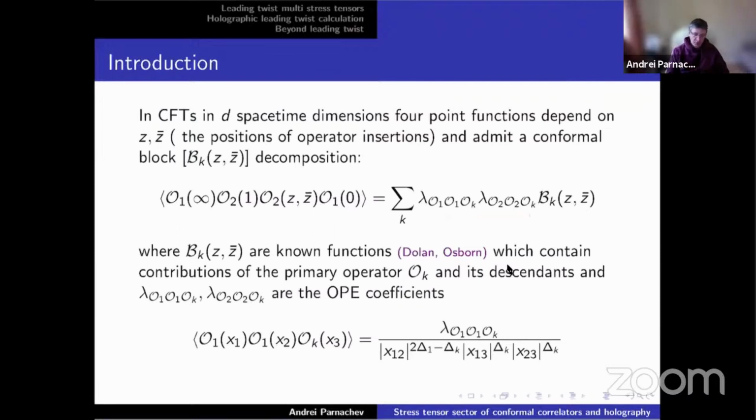And we are talking about the channel where we take z and z bar close to 1. So the OPE coefficients are, of course, just the coefficients that appear in the 3-point functions of these operators. And these conformal blocks, they contain the contributions of primary operator O_k and all the conformal descendants.